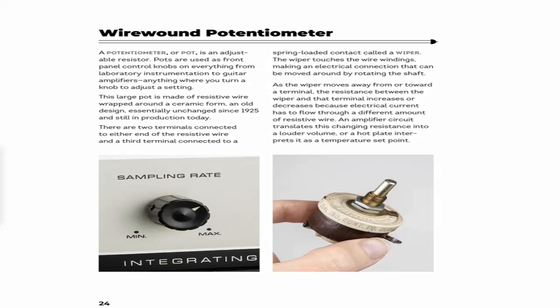As the wiper moves away from or towards a terminal, the resistance between the wiper and the terminal increases or decreases because electrical current has to flow through a different amount of resistive wire, and an amplifier circuit translates this changing resistance into a louder volume, or a hot plate interprets it as a temperature set point.